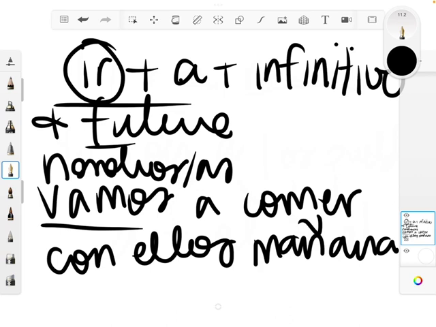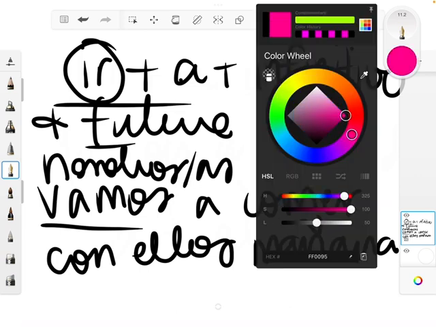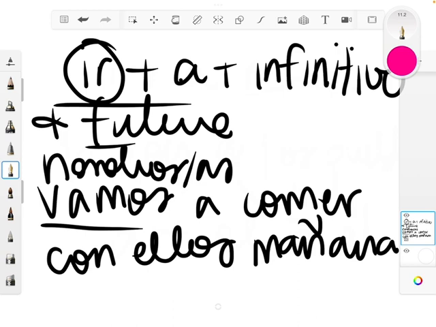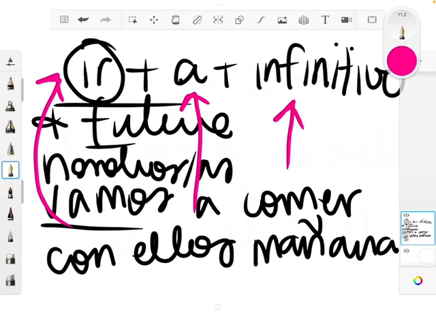So this is happening in the future. Here we have vamos, which is our form of ir, conjugated, plus a, plus the infinitive. Okay? So that's how you express what's going to happen in the future.